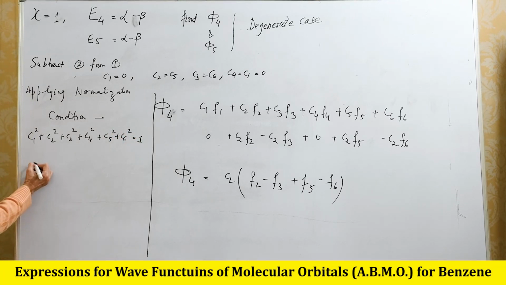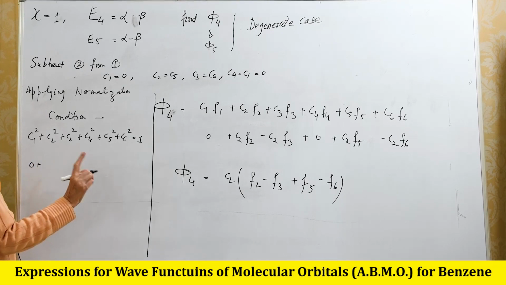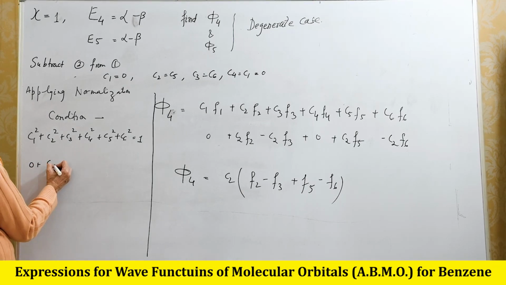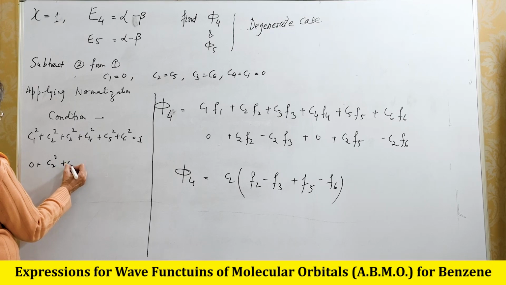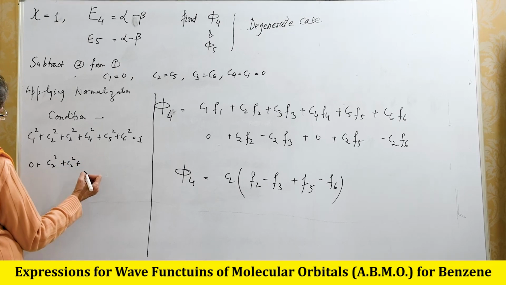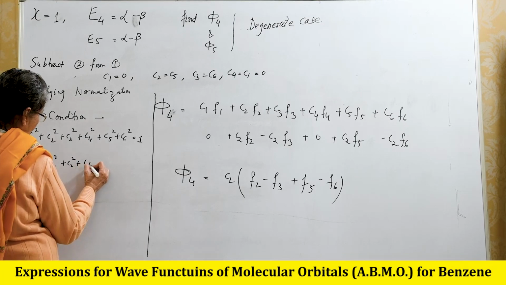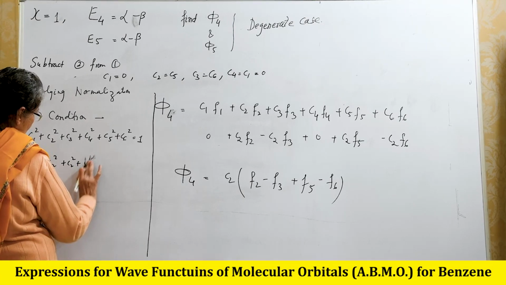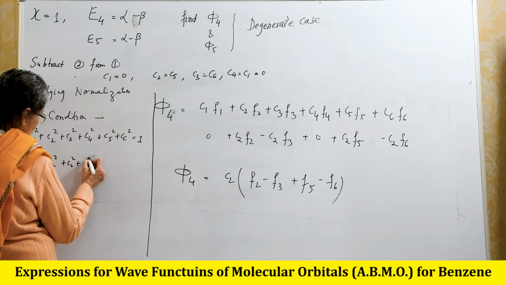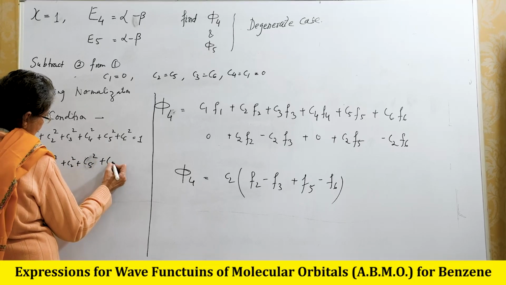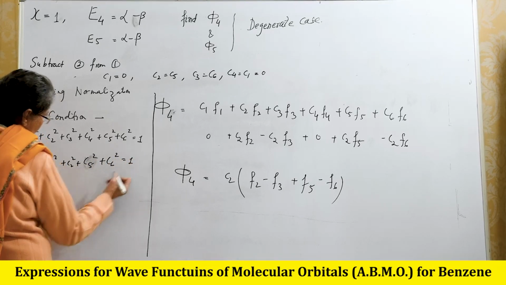So C1 is 0, C2 square plus C2 square, C4 square is 0, plus C5 square plus C6 square is equal to 1.